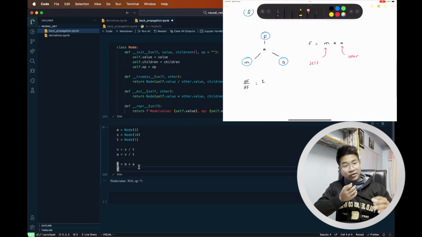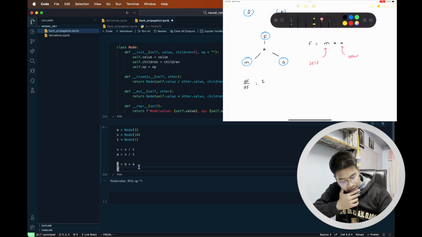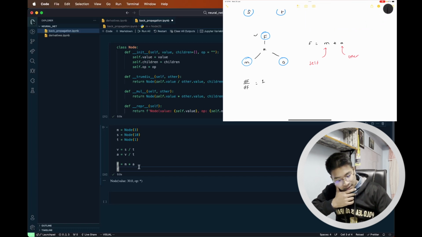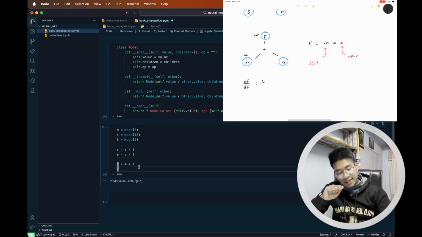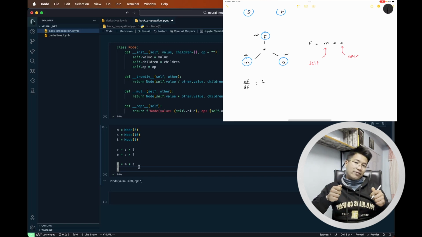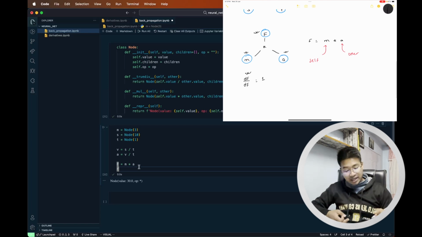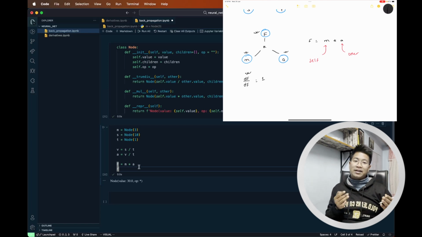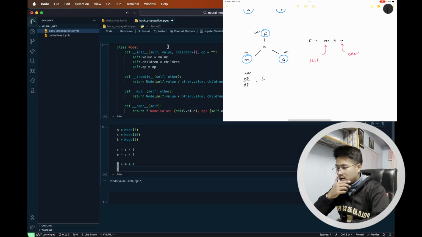In this node, f is a variable that affects the output. m can also affect output f, and a can also affect output f. So these derivatives that we calculate, we should store in the node itself.